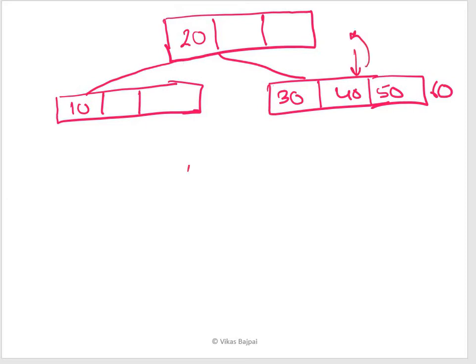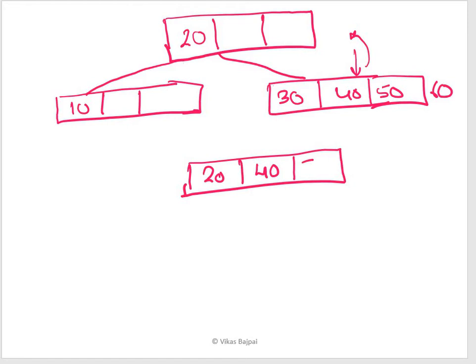So the new structure is 20, 40, and this remains as it is. The below portion is 10 and blank, blank.